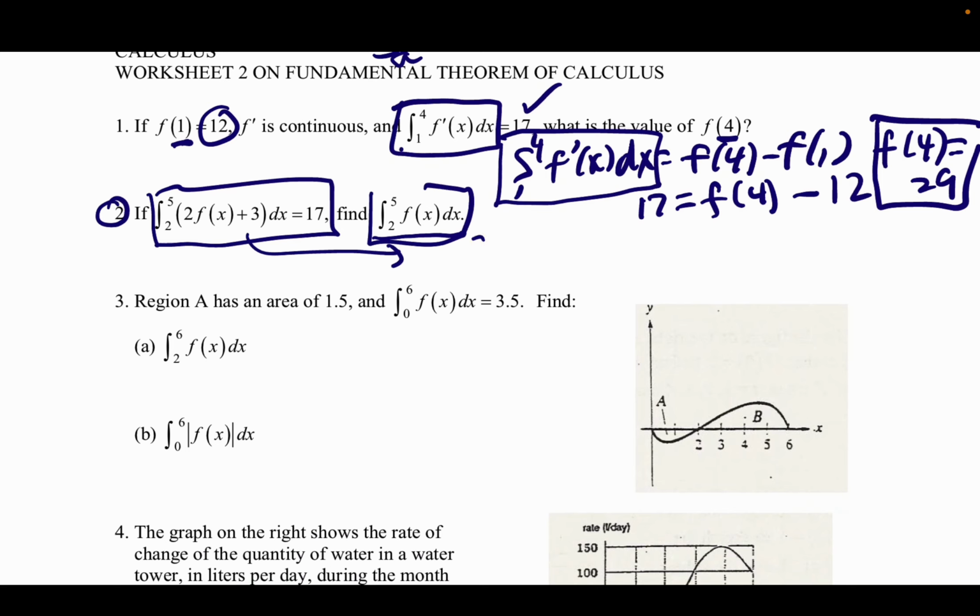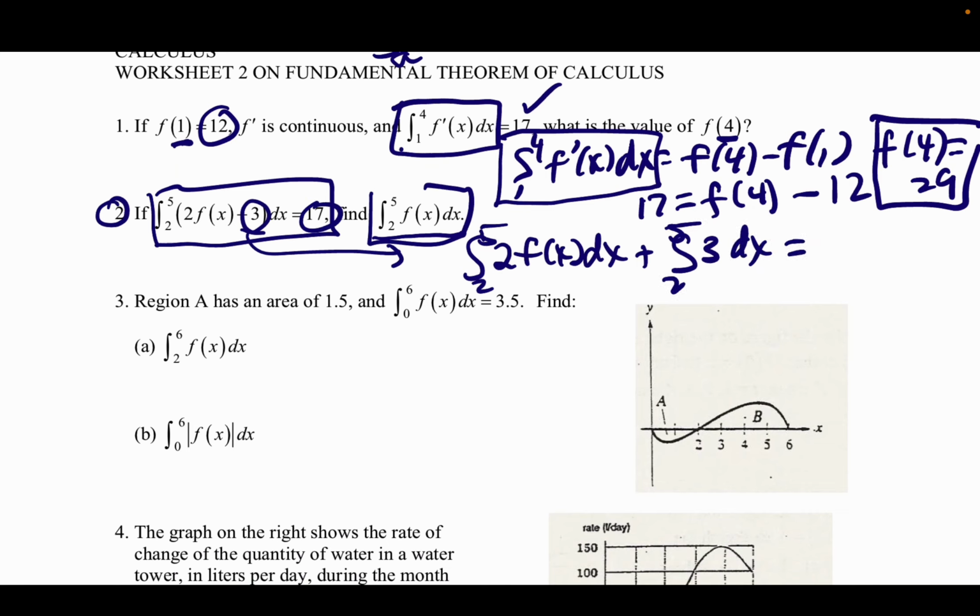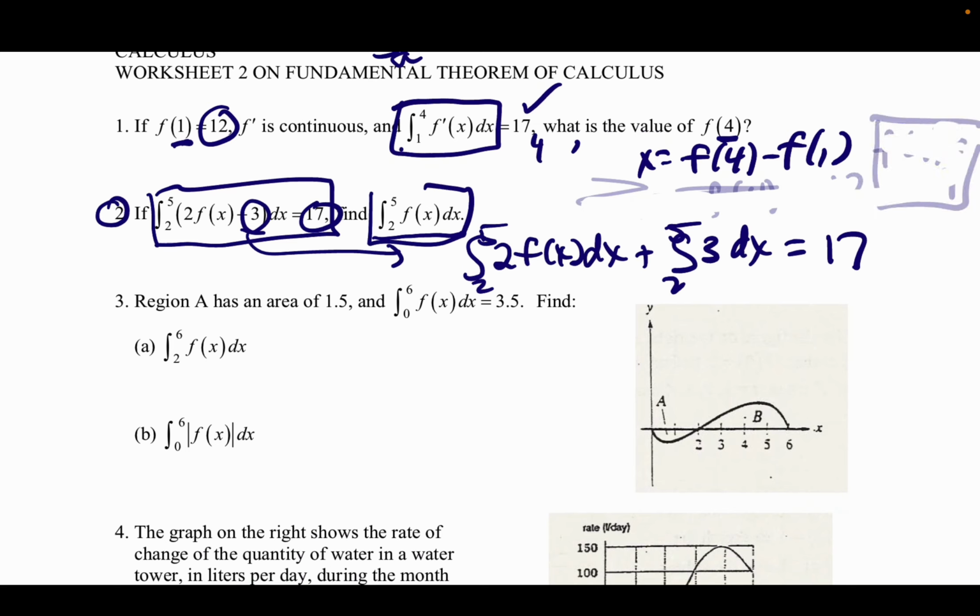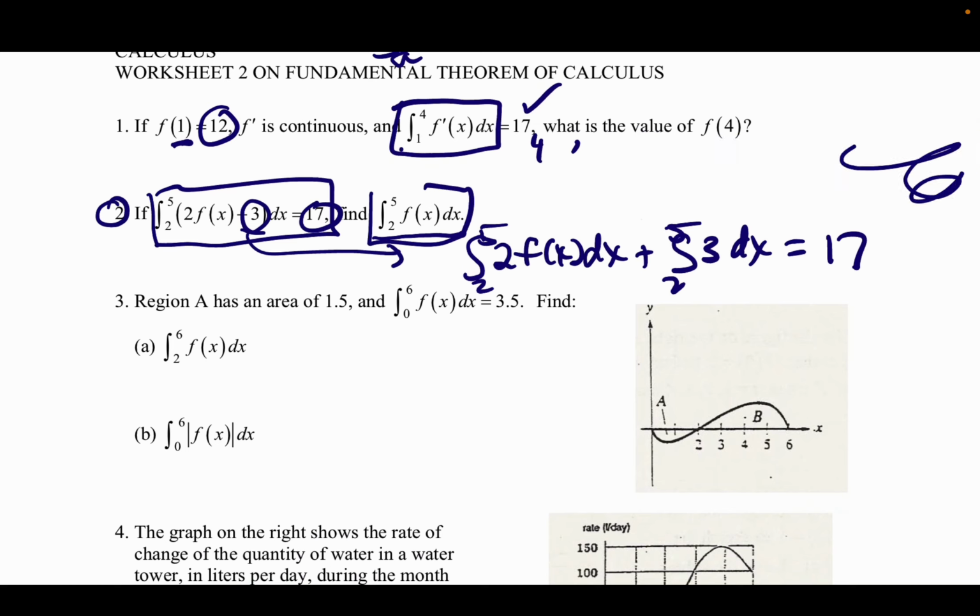I'm going to say the integral of 2f of x dx from 2 to 5 plus the integral of 3 dx from 2 to 5 is equal to 17. Now, I'll erase this other. You could rewind if you needed to look at that again, but it might be kind of distracting because mine's all running into each other. But I want to talk about it a little bit.